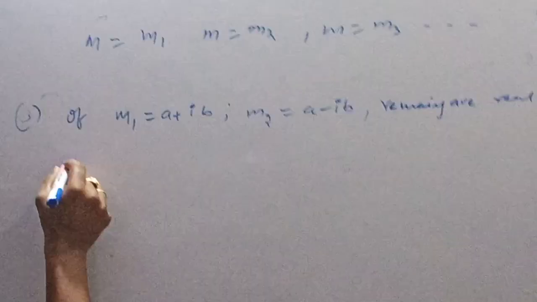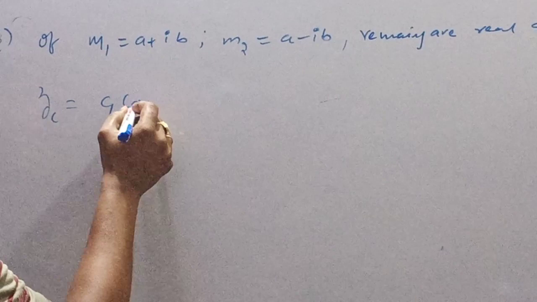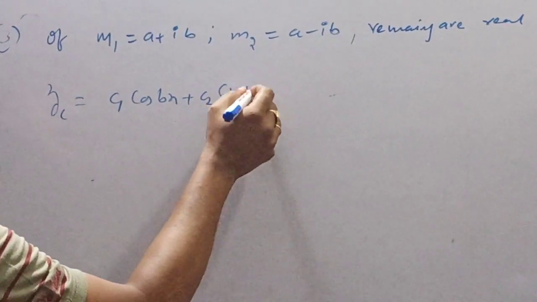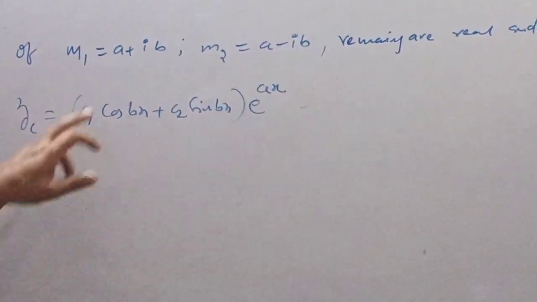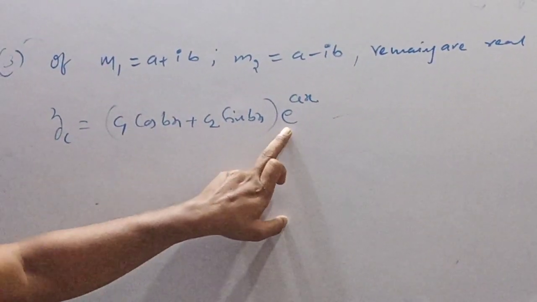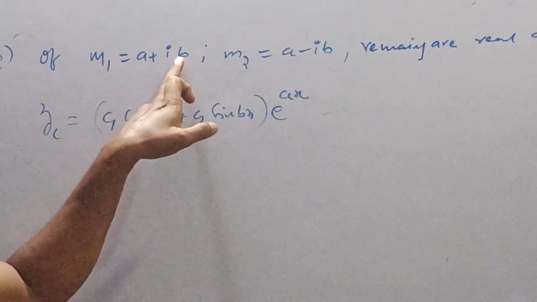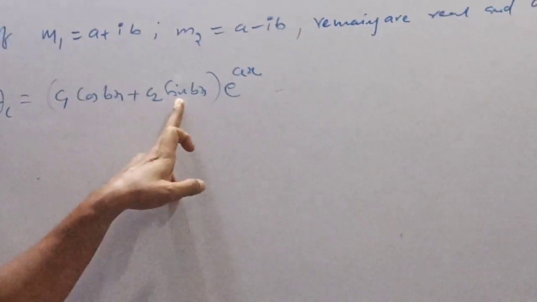So here yc is (c1 cos bx + c2 sin bx) into e to the power of ax. Take the real part in the power of e to the power of ax and the imaginary part b in the trigonometric functions cos bx and sin bx.